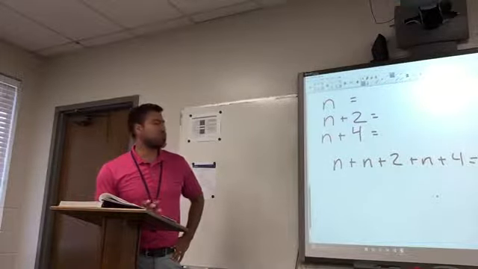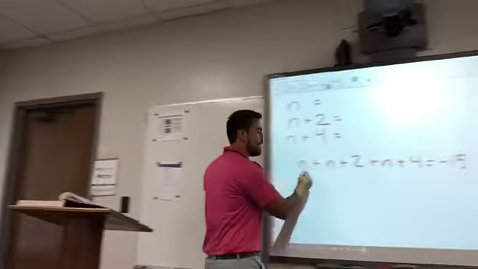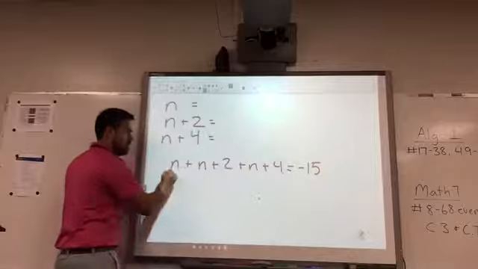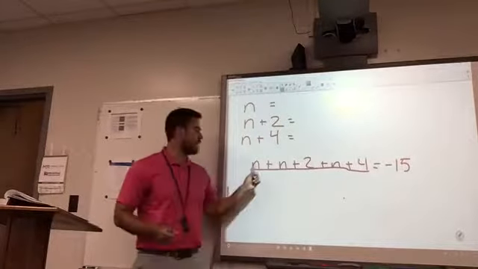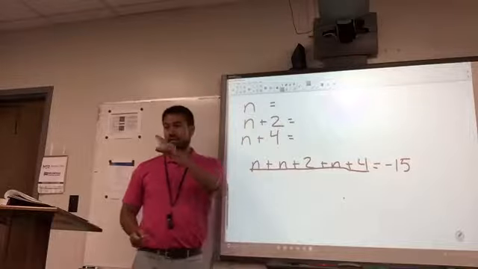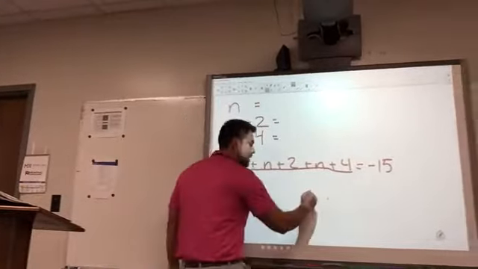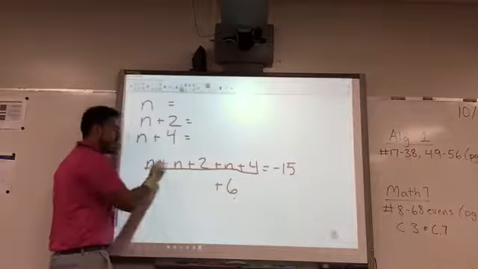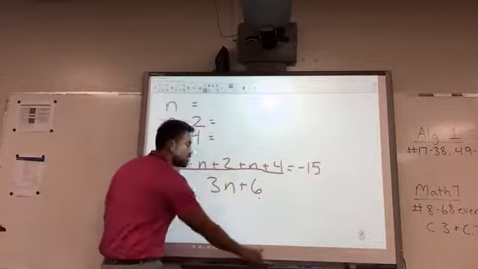What do you do before you start trying to solve for n? Simplify. Can this be made simpler? How many n's do I have? You're going to have a plus 6. But how many n's do I have? 3 n's. So it's really 3n.